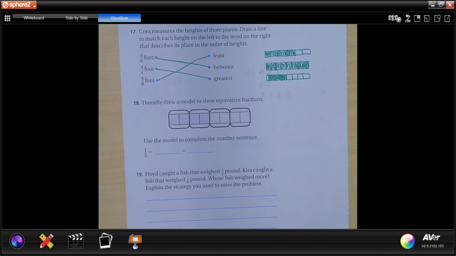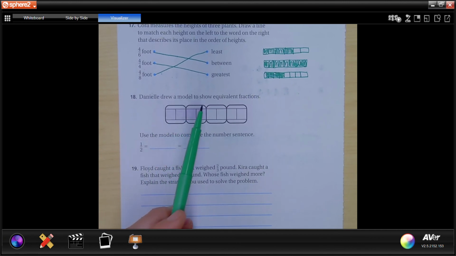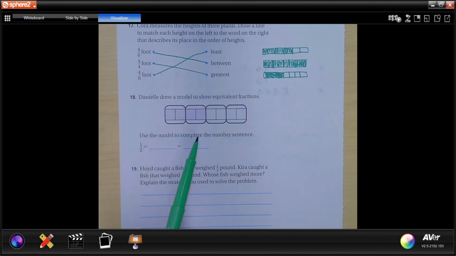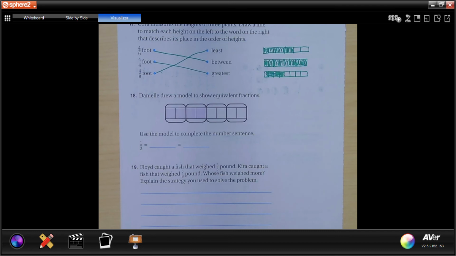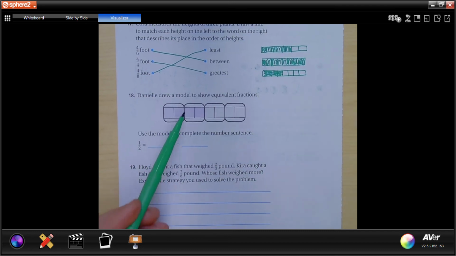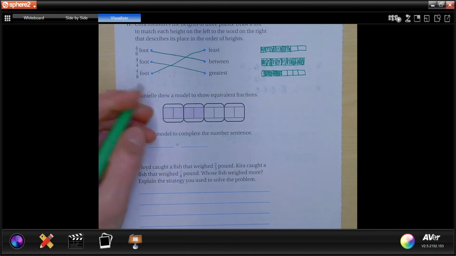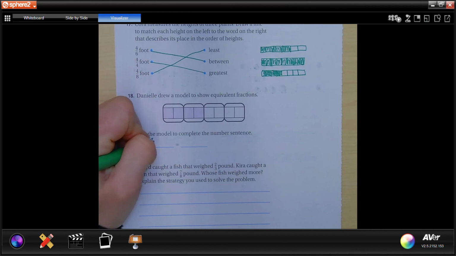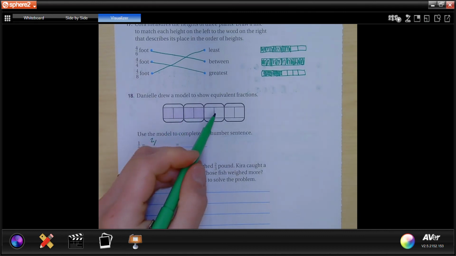Alright, Number 18. Danielle drew a model to show equivalent fractions. Use the model to complete the number sentence. Well, so 1/2 is equal to, how many groups are shaded? 2 groups are shaded. Out of how many groups total? 1, 2, 3, 4.